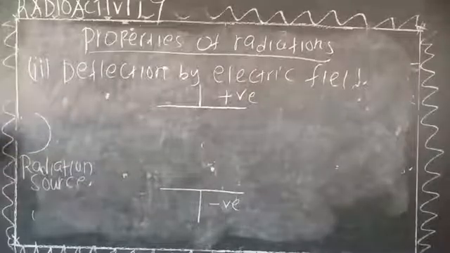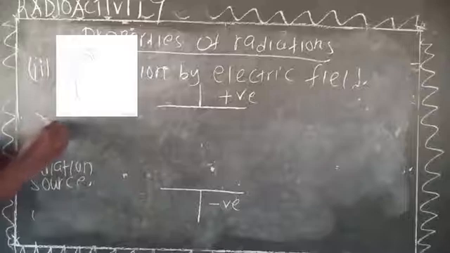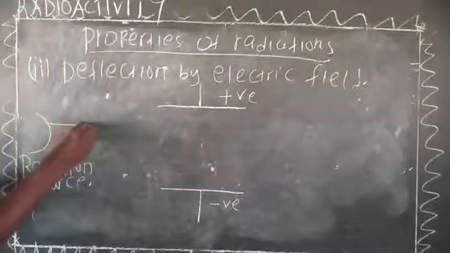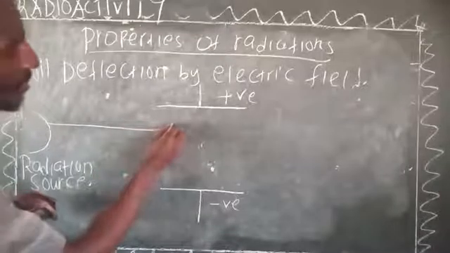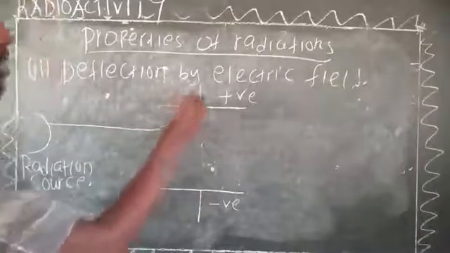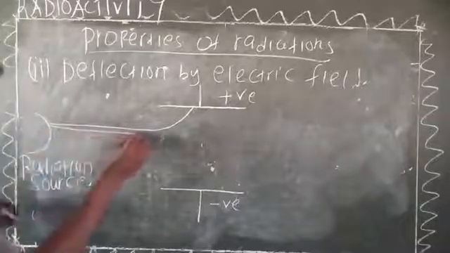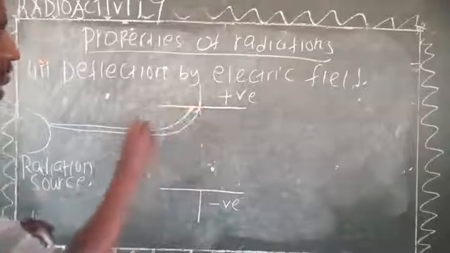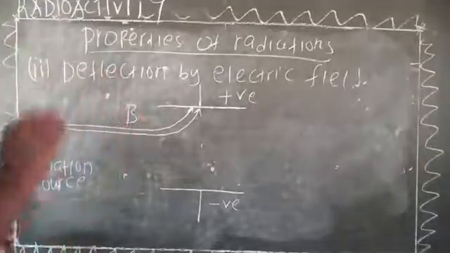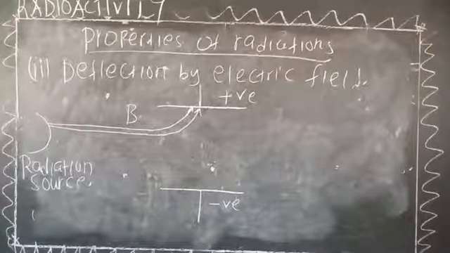So for our case, if beta radiations come from this end, they are attracted towards the positive plate of our electric field, and this is our beta radiations, which of course are negatively charged.